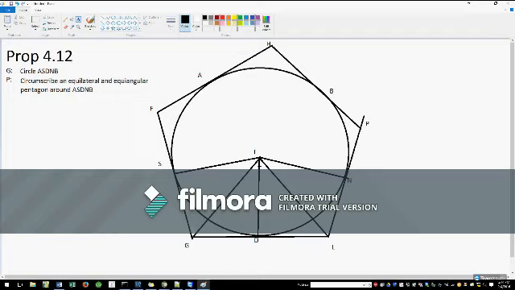Then because FG touches the circle ASD at S, and ST is joined from the center to the point of contact, the angles at S are right.